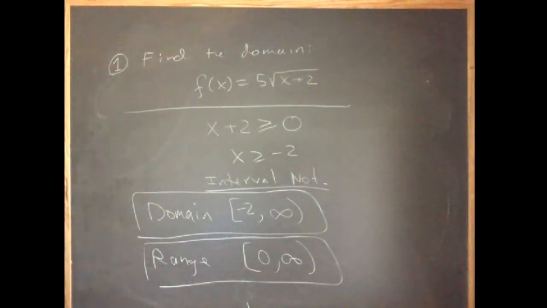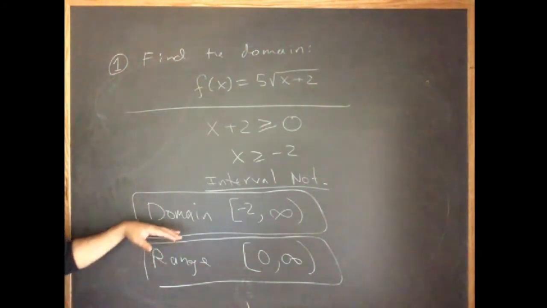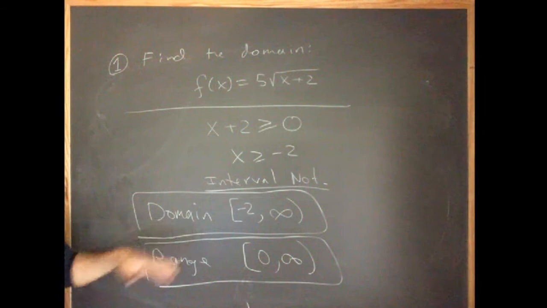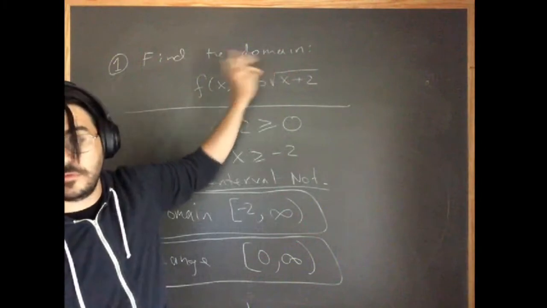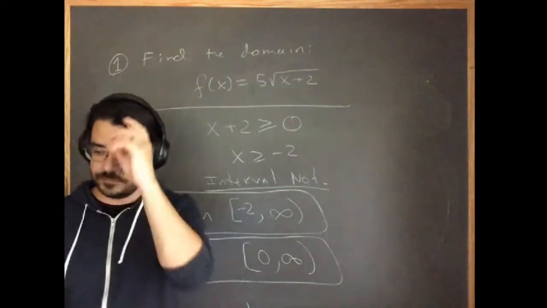So any value in between 0 and infinity, we can pick out if we would like. The more important part of this problem here, though, is the domain, right? So typically, we'll be more interested in the domain. But the answer would be the same if there was a 5 or there's not a 5, whatever constant you have out in the front.